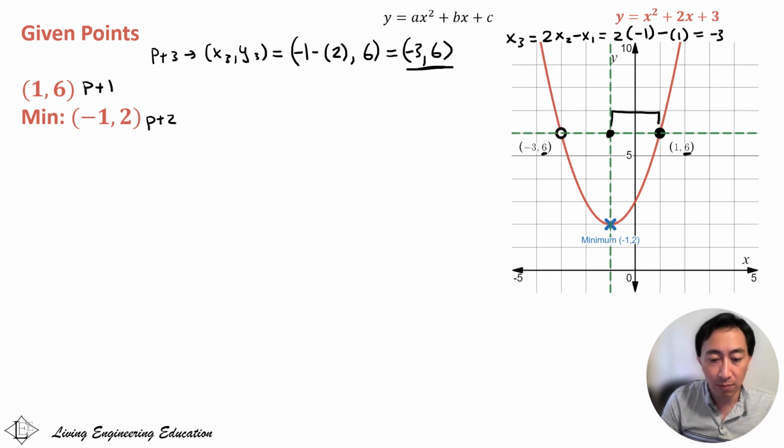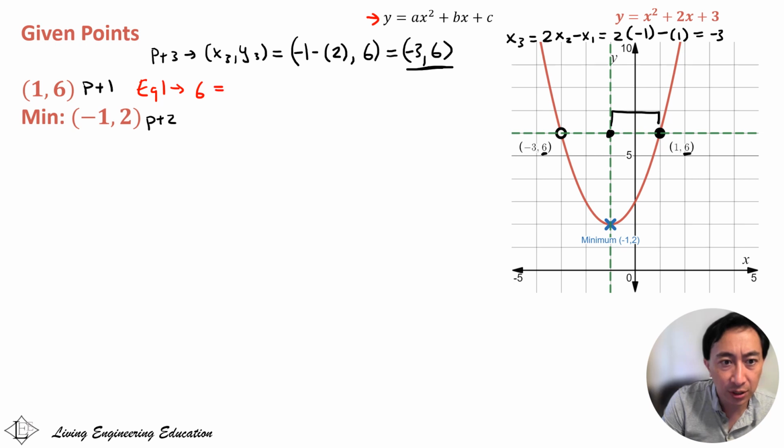So I need to set up my 3 equations. So I'll say equation 1 using point 1. And remember this from the previous video, we're just plugging in our points into our quadratic equation, right? Remember, we're assuming we don't know the final form and we're trying to solve for A, B, and C. So y is 6.